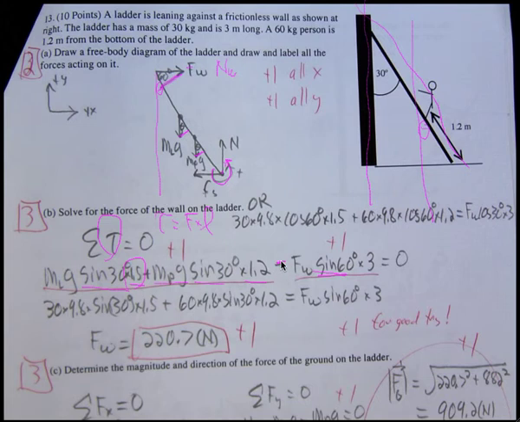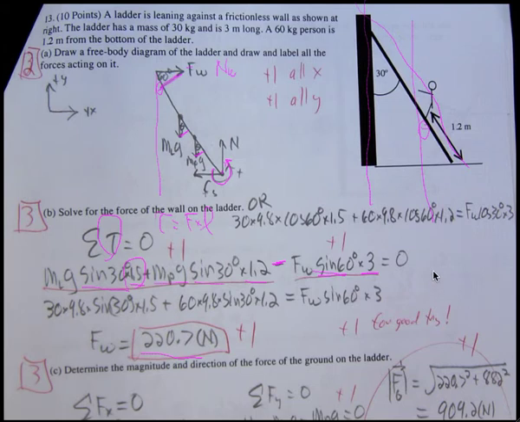And then this is in the opposite direction of the two weights. Weights are trying to rotate it counterclockwise, which I made positive. The wall force, this normal force, is trying to rotate clockwise. And so that would be negative. And then don't forget the lever arm, which is the whole length of the ladder. And that adds up to 0, and if you're careful in your calculations, you should be able to come up with 220.7.